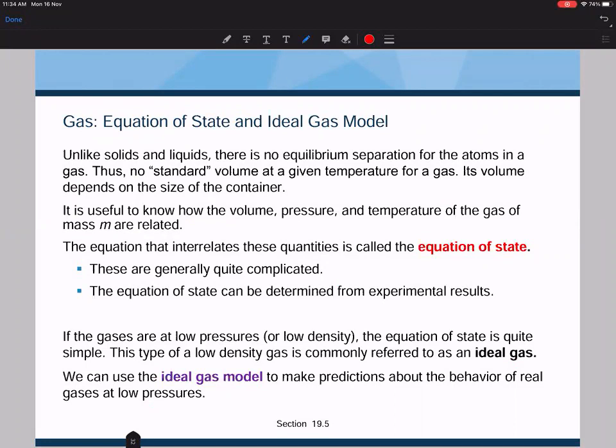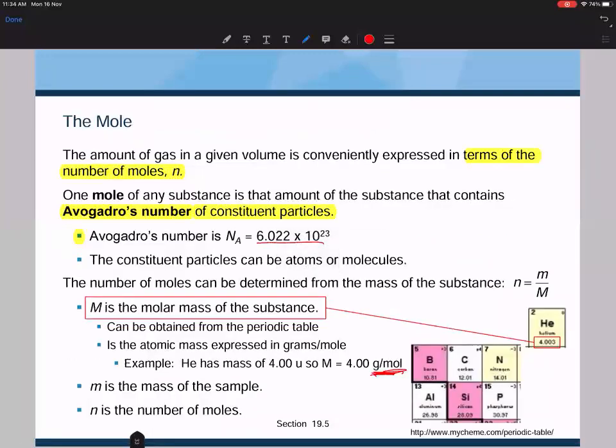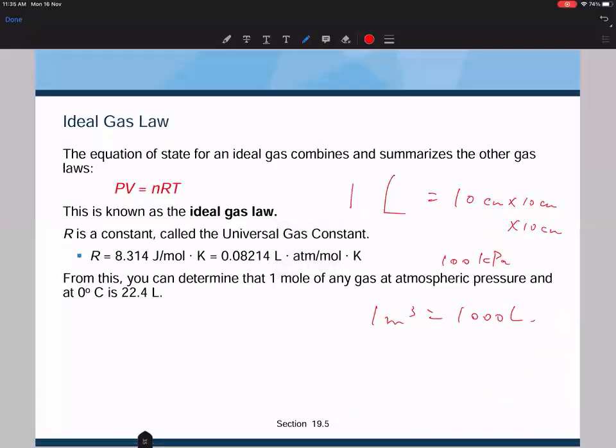In particular, we talked about the case of gas, which for low pressure or low density gases far away from the boiling point, could be described by the ideal gas law. In the ideal gas law, you have a very simple relation among the parameters P, V, and T, and n, which corresponds to the number of moles of molecules.